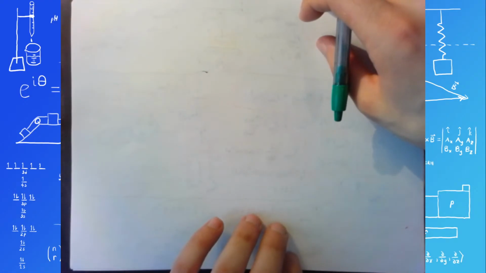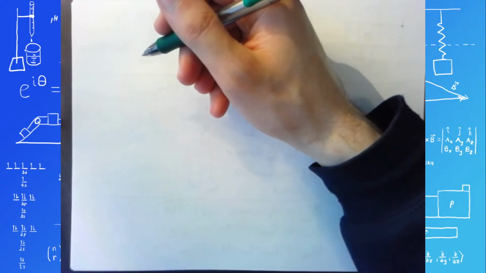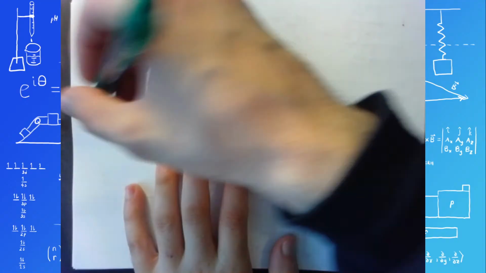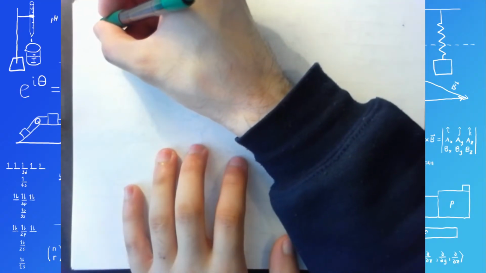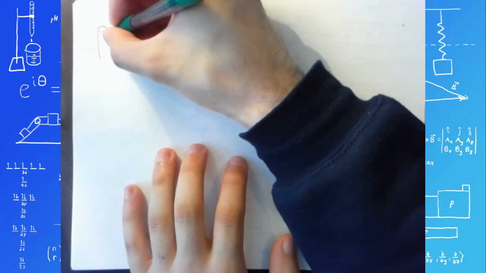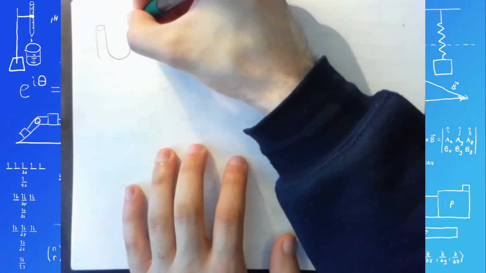Yeah, let's revisit the idea of Pascal's principle, how fluid pressure needs to be the same at all points within a fluid that are at the same height. And I'll just do one of these U-shaped tubes for the illustration.